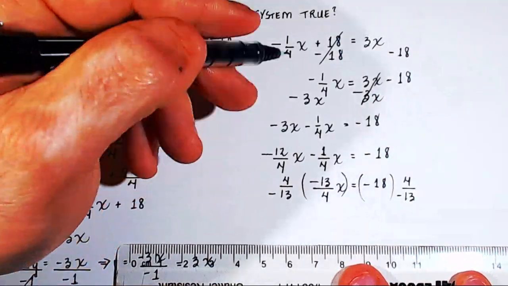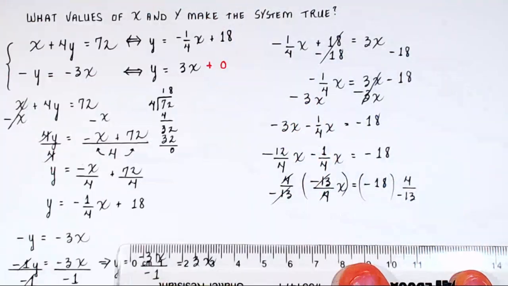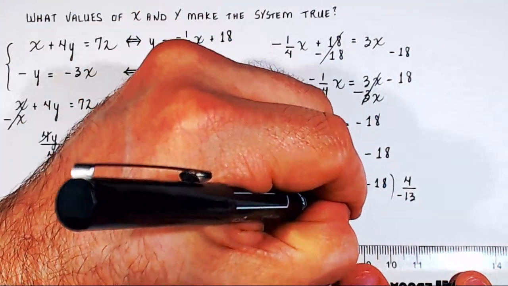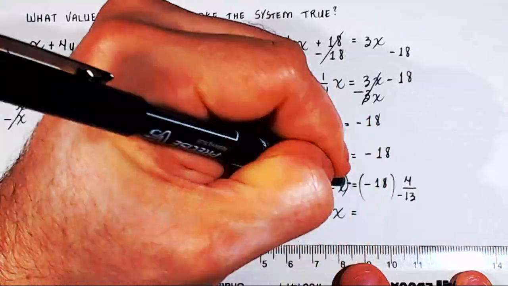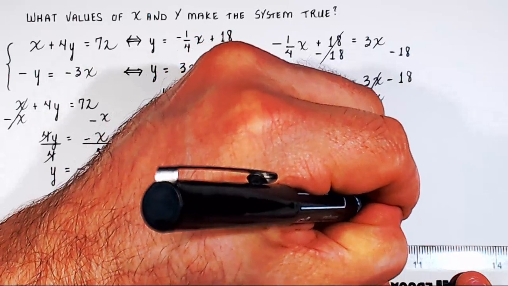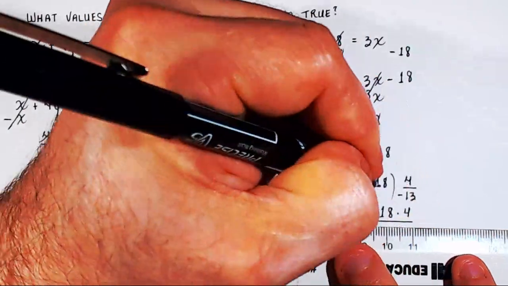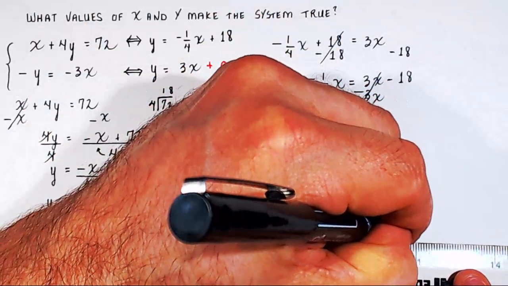Okay, now just taking a look at this, these 4's cancel out and this negative 13 cancels out, leaving x by itself. X equals negative 18 times 4 divided by negative 13.